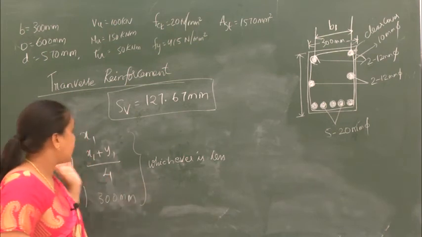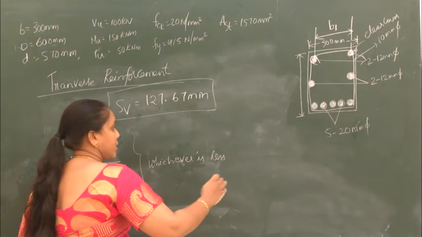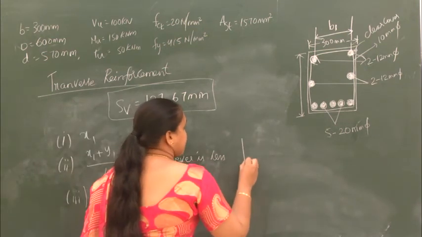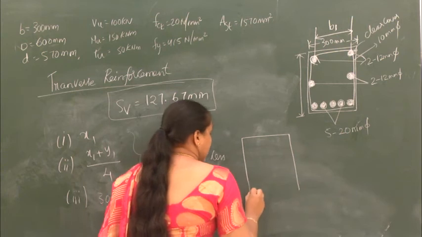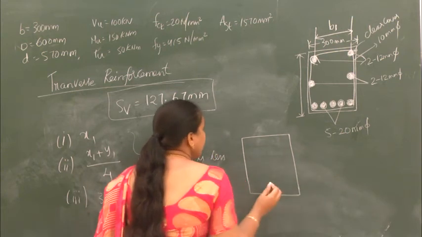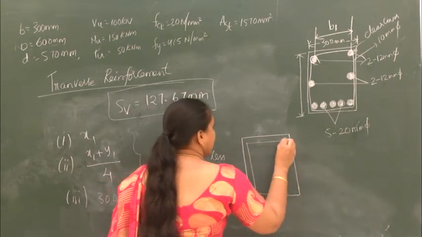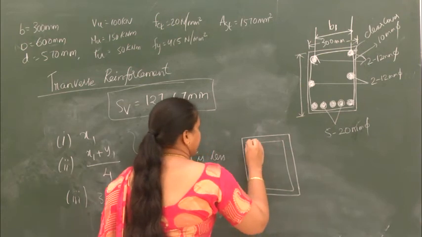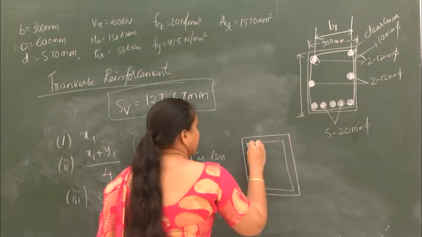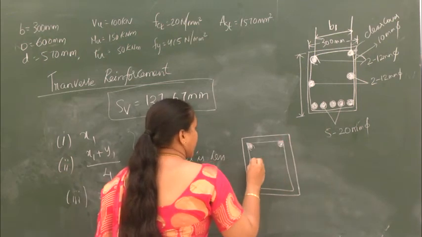So for that, what I am going to do is redraw this figure here, showing the two-legged stirrup. So this is the top reinforcement we have provided.